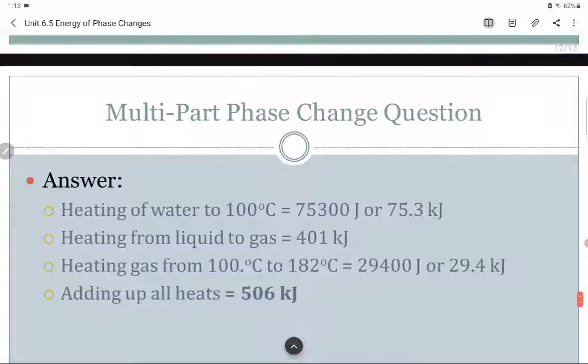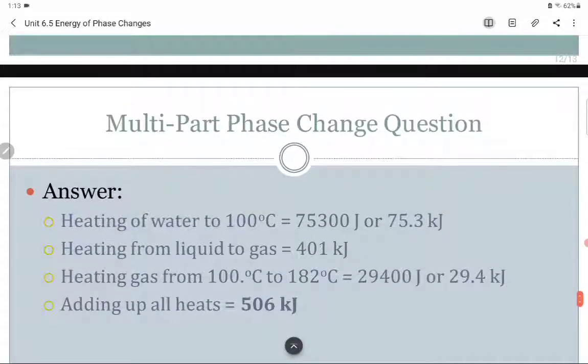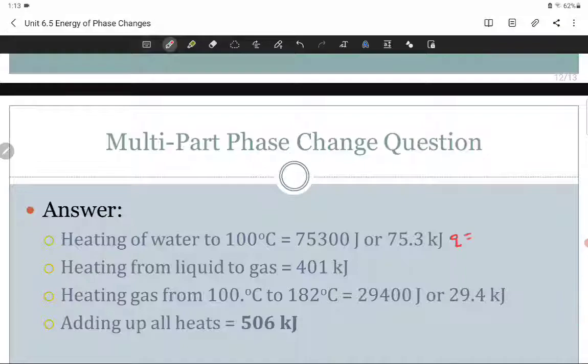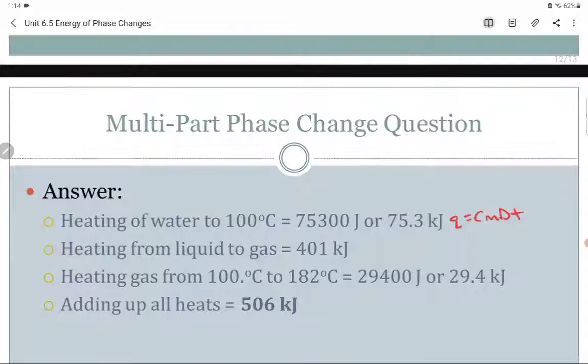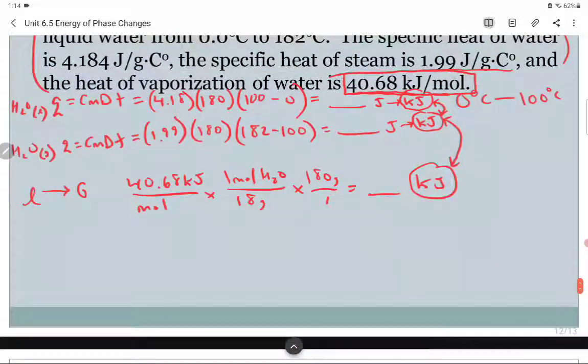Now let's take a look at the work, or the math. So heating the water, that is a Q equals Cm delta T, and I provided that idea above there. So you need 4.18 for the specific heat, the water mass, and the change in temperature is 100 minus 0.